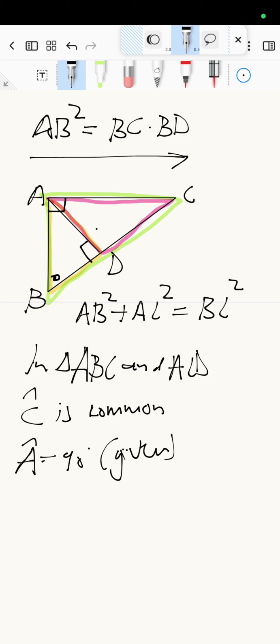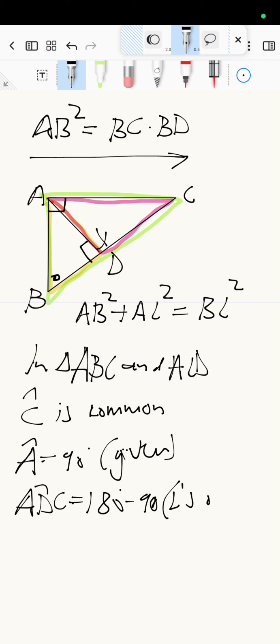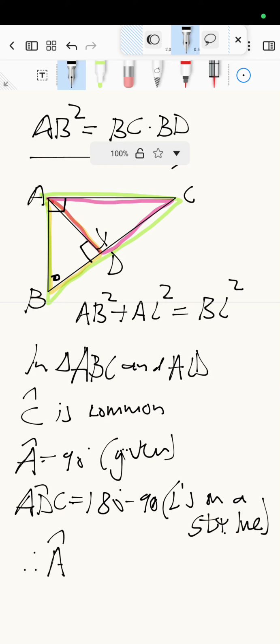We'll say this angle over here, ADC, equals 180 minus 90, which is 90, and that is angles on a straight line. Therefore, angle A is now equal to ADC.